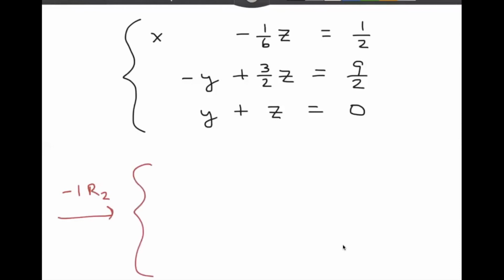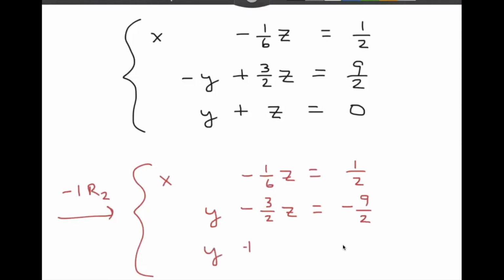And that's going to give us the same row 1. However, row 2 now, everybody's being multiplied by -1. So now that's going to be Y minus 3/2 Z equals -9/2. And we're not changing the third row. In this step, we're not changing the third row.